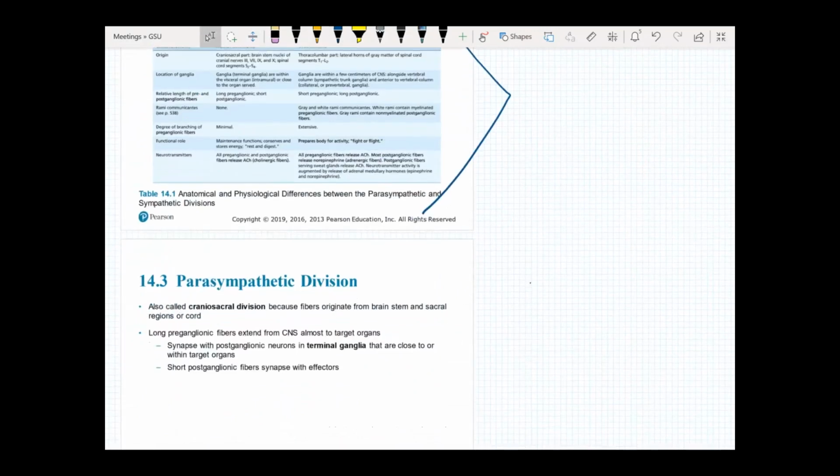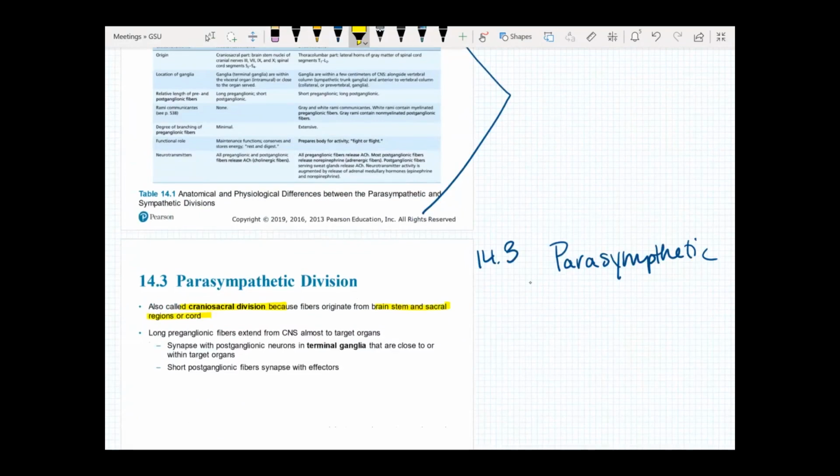So now to dive a little bit deeper into each particular one, starting with just the parasympathetic. We're going to do parasympathetic, we're going to do sympathetic, and then we're going to talk about how the two relate. So within the parasympathetic division, as a reminder, this is the craniosacral division because of the brain and the sacral regions of the spinal cord.